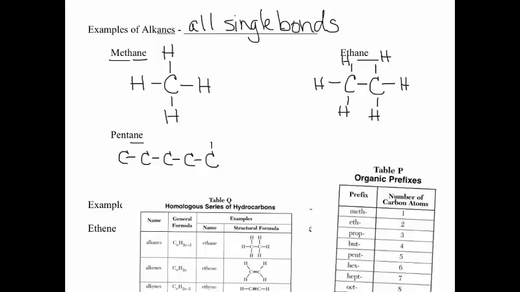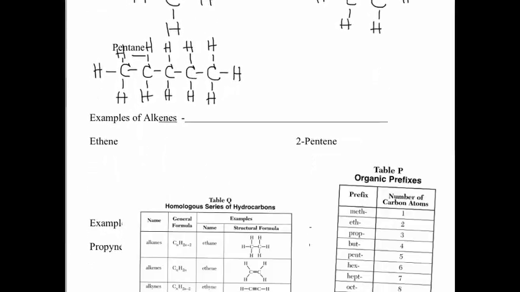So this carbon on the end will get 3 hydrogens, so that it has a total of 4 bonds. But the internal carbons, since they all have 2 bonds, are only going to get 2, so they each have a total of 4. And then our end carbon, or terminal carbon, has 3 again because it only had 1 bond with the adjacent carbon. And that's how you draw them from the name.